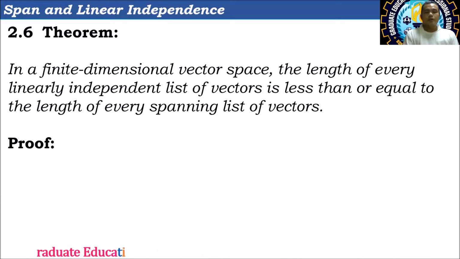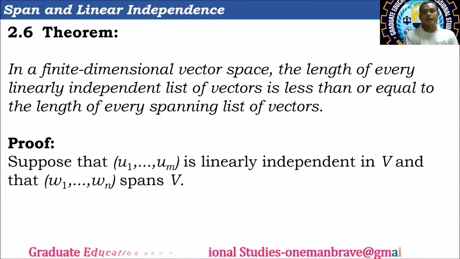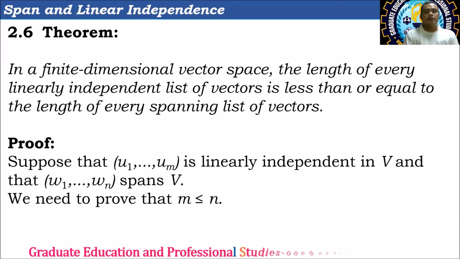So proof. Suppose that u1 to um is linearly independent in V, and w1 to wn spans V. We need to prove that m is less than or equal to n.